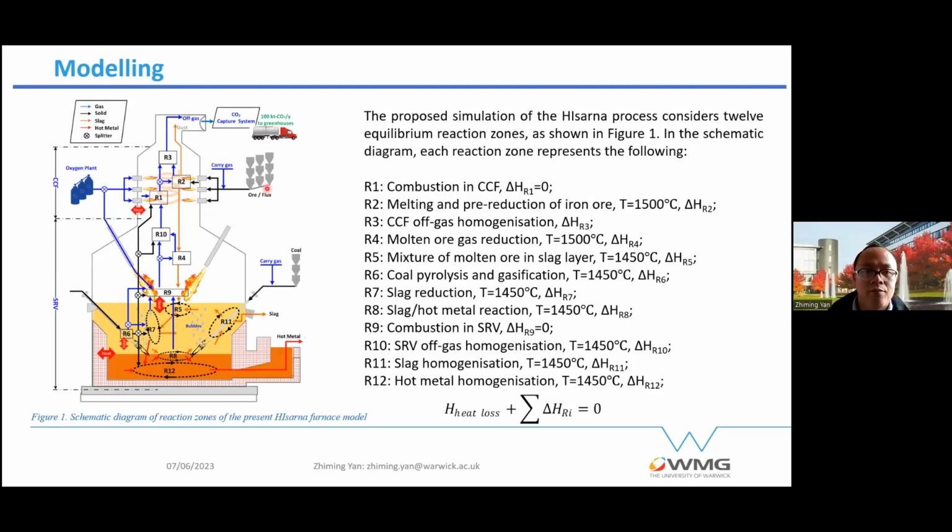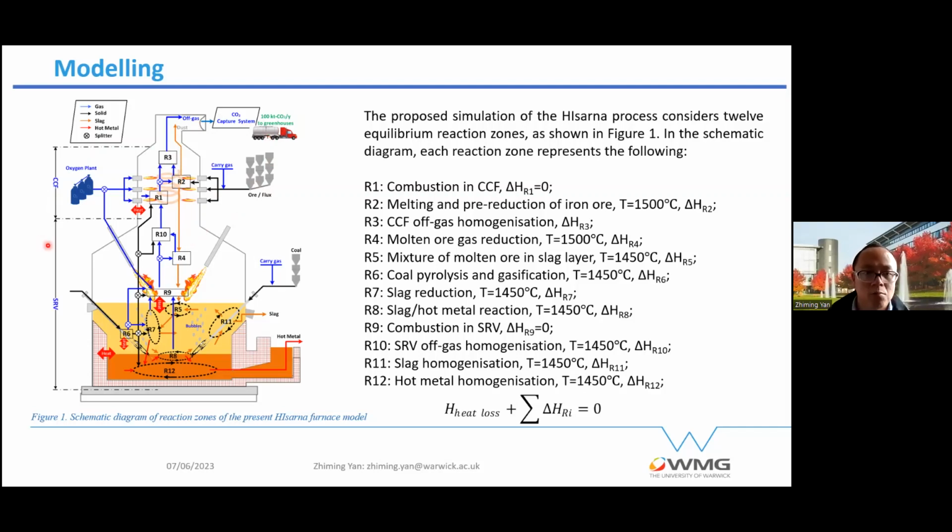The iron ore is injected from here and will be melted by the heat produced in zone 1, and also partially reduced by the CO or hydrogen here. And then the off gas from zone 1 and zone 2 will be homogenized in reaction zone 3 and then go out of the furnace.